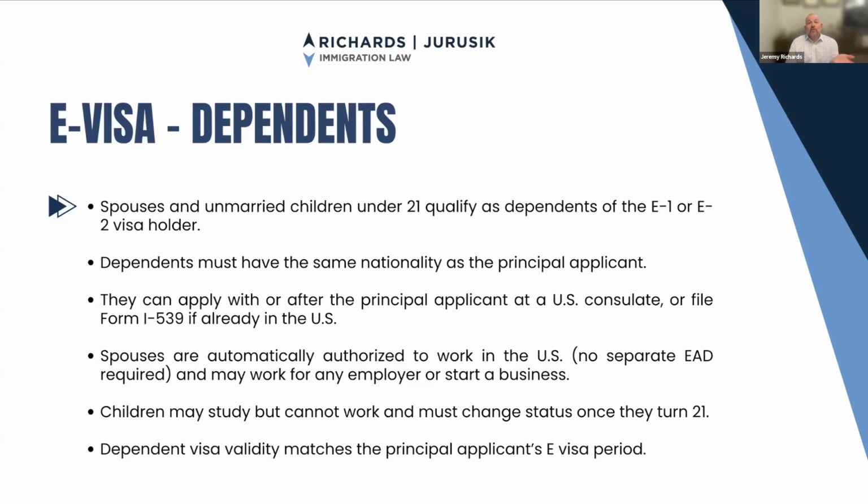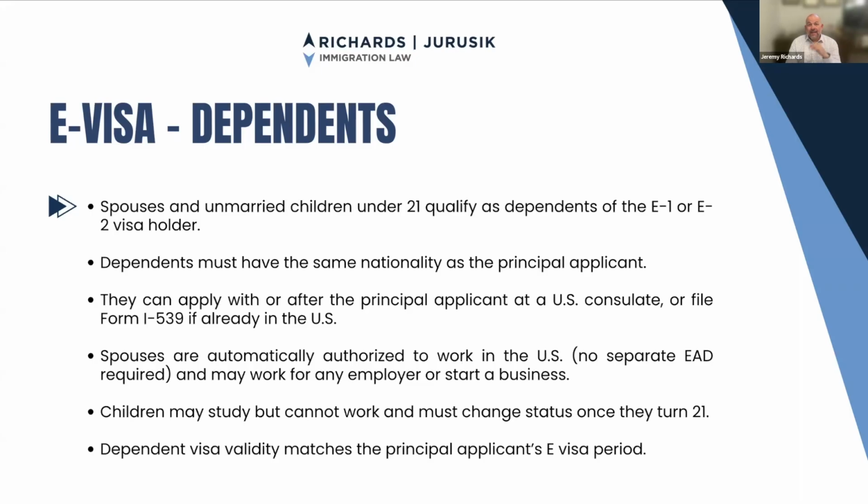And the spouse also has to be from the treaty country in order to get this. And what's going to happen is they will get an E1S or E2S that will allow them to work. And the work status is what is called incidental to status.